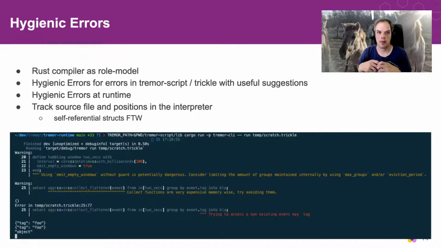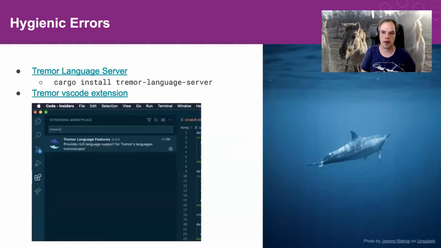So we kind of have to use self-referential structs, because we need to basically store the actual script part, the AST, and have the interpretable, executable expression reference this. So if you ever dealt with self-referential structs, fun. This is the pain we go through for making Tremor usable.